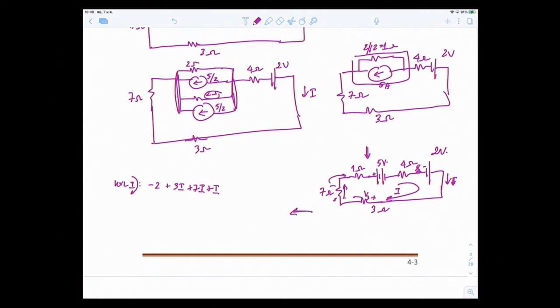Then I see positive 5, minus 5, equal to 0. Another 4I, so plus 4I equal to 0.